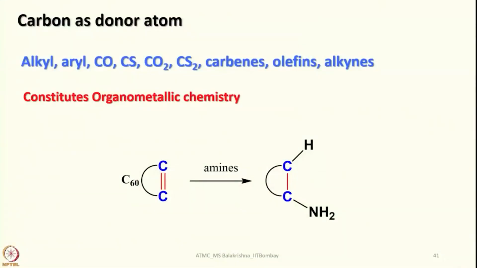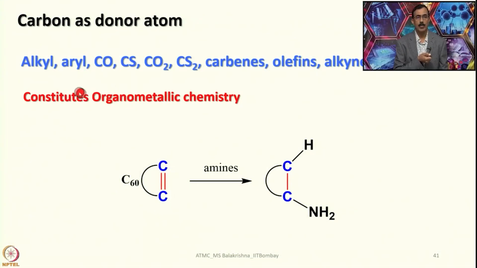When we talk about carbon donor ligands, some of these molecules or fragments come into the picture. Alkyl, whether you take CH3, C2H5 or anything for that matter, and aryl are carbon donor ligands. Besides that, we have neutral ligands such as carbon monoxide and carbon thiomonoxide.